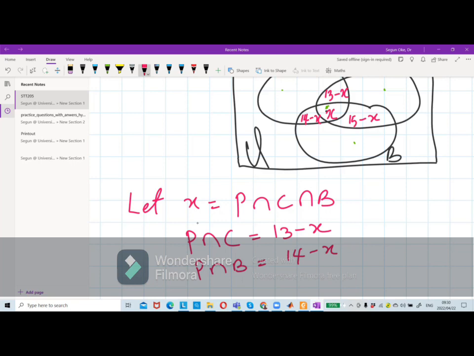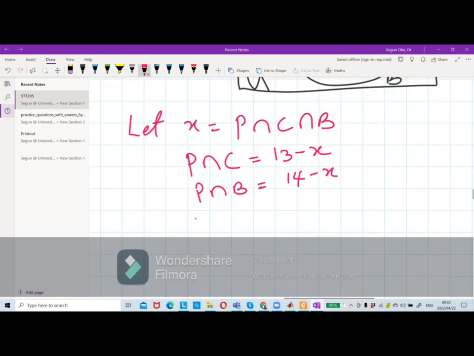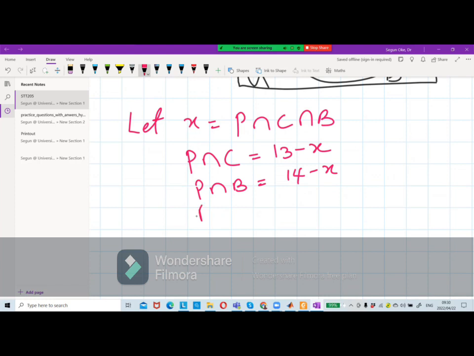Then we need people that study biology intersection chemistry, which will be 15 minus X.